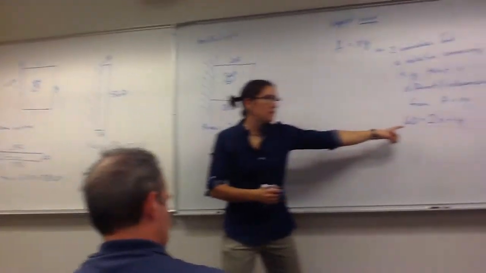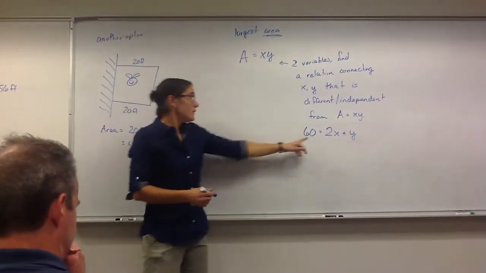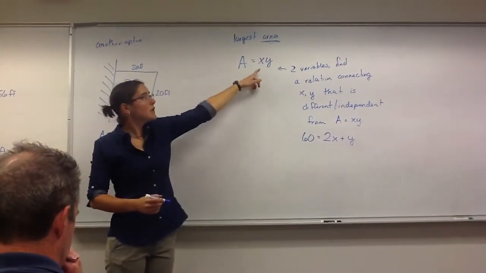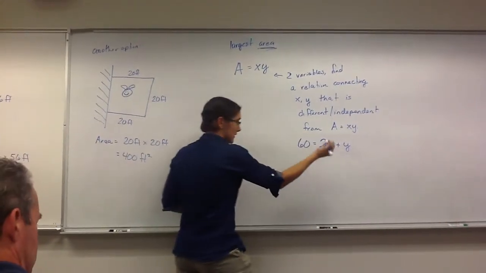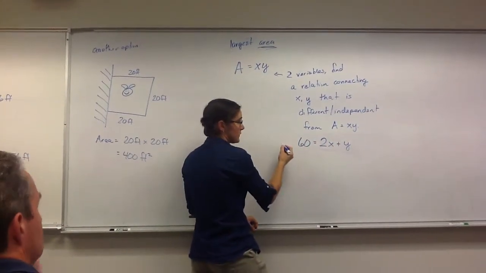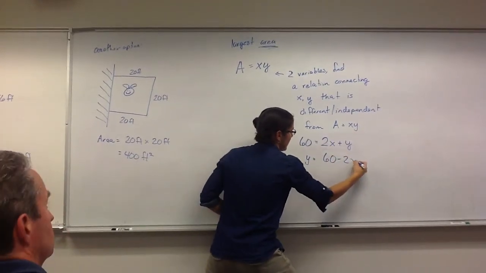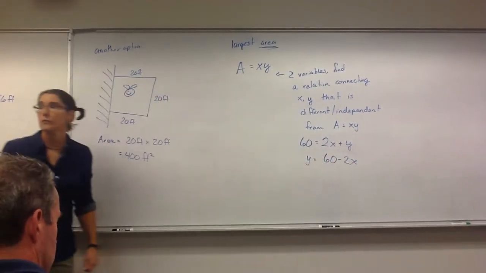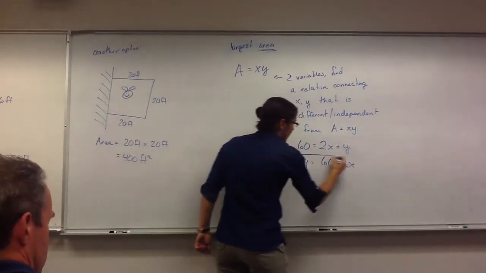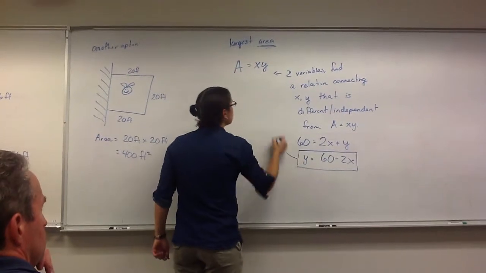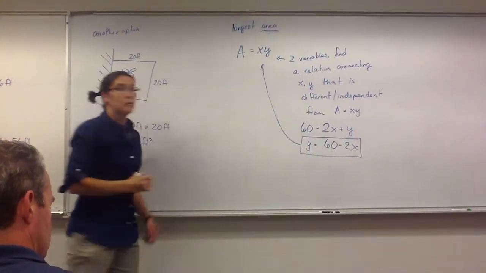Any questions about that relation? Okay. So now I'm going to use that relation to get rid of one of my variables up here. And so I'll do what Will suggested, and he says we're going to subtract 2x from 60. In other words, I'm going to solve for y. Y is equal to 60 minus 2x. And so I'm going to use that information in my area is equal to x times y formula.